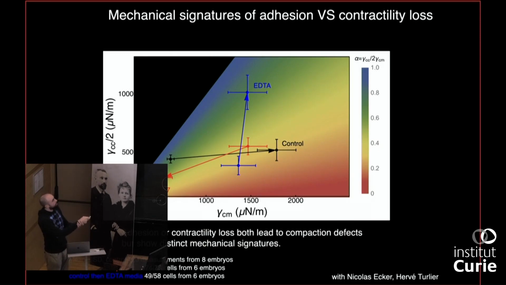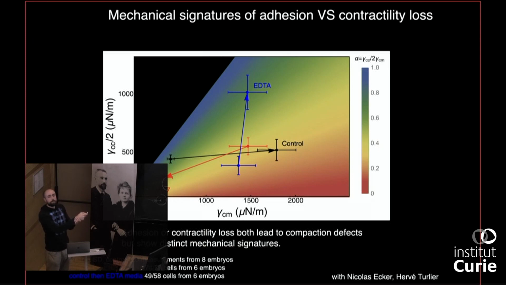Then you take those embryos, you treat them with an inhibitor of myosin activity, and they move back to this region of low compaction. And you block adhesion. They also can be blocked from compacting. But what you can see is that those EDTA and ML7 conditions, they are in very different areas of the phase diagram. Low contractility corresponds to regions of low tension, both gamma CC and gamma CM.